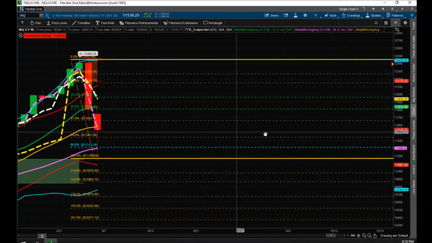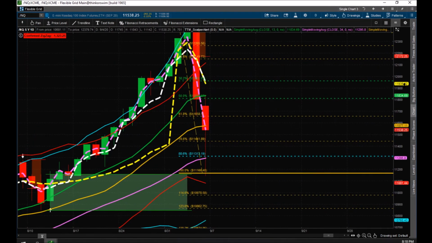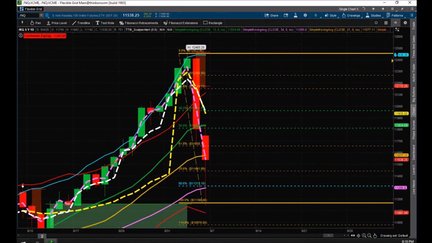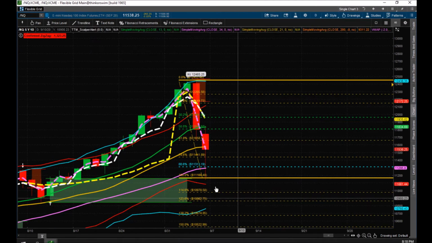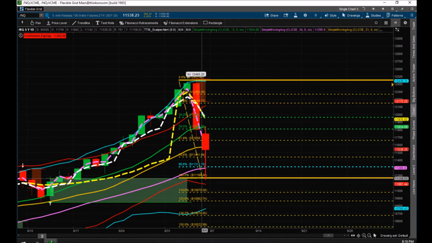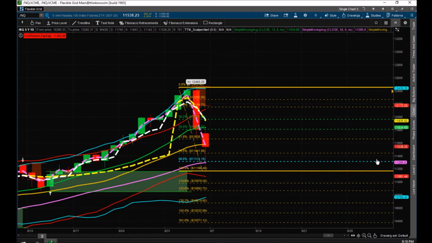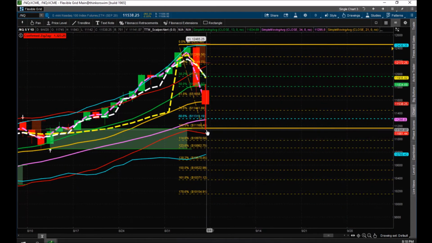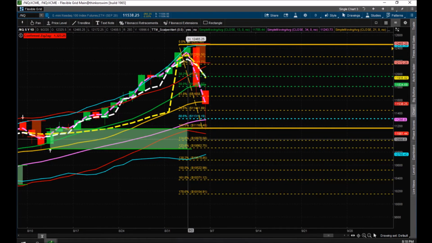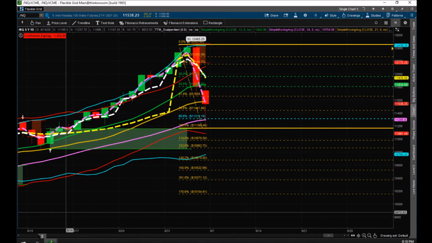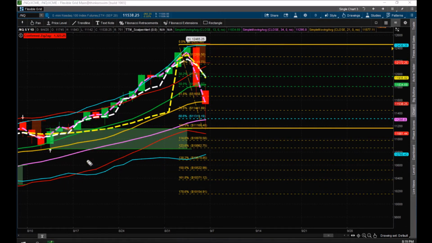So these are the fibs that we've already drawn from the previous day. This is basically your zero line, your 100. Now if it falls below the zero here, then we could see it fall back down to the support area down here.